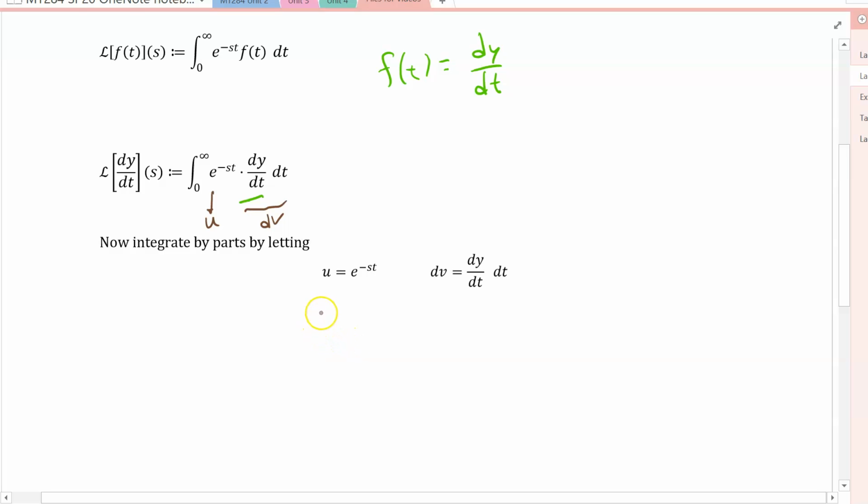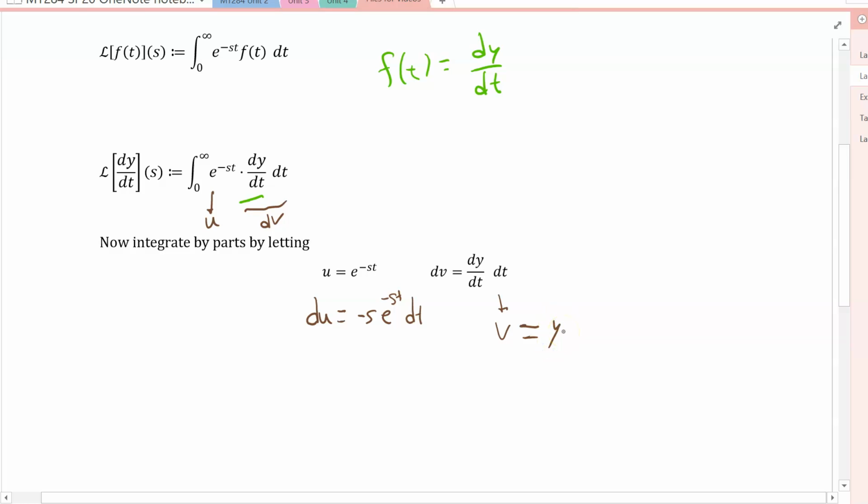Now remember, when we do integration by parts, we have to take the derivative of u, so that's going to give us negative s e to the negative st dt. And we also have to take the antiderivative of dv, that gives us v, while the antiderivative of dy dt is just going to be y, or y of t.